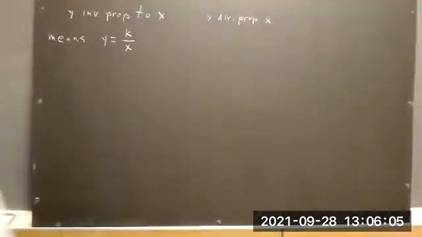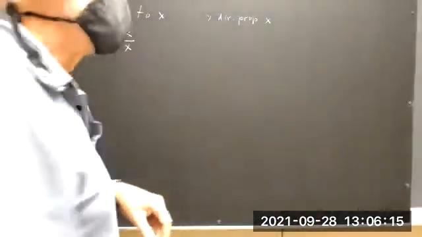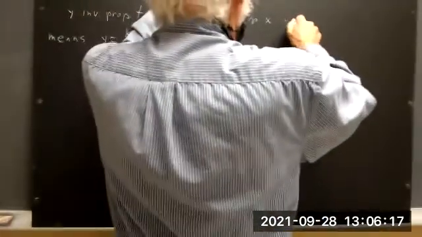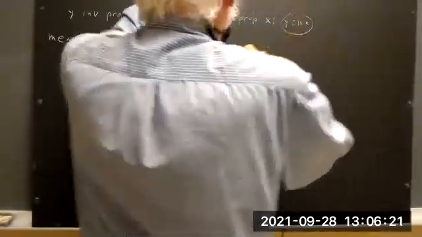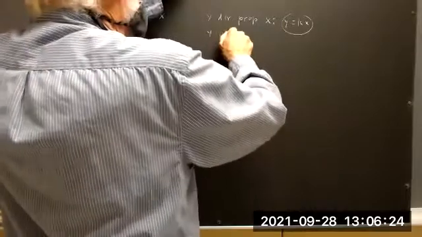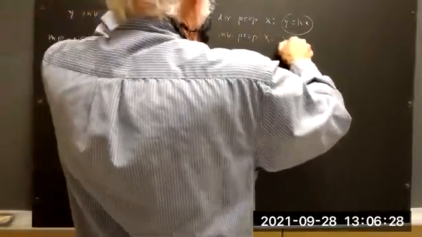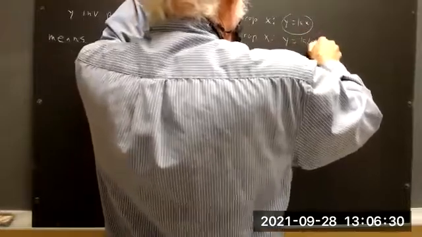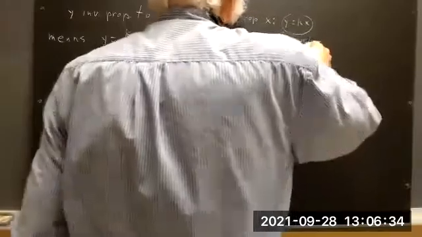I guess you probably would prefer it like this on the screen. Y directly proportional to x means y equals kx. Inversely proportional means y equals k divided by x.